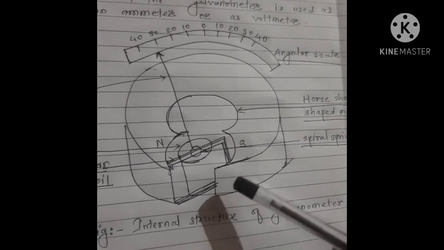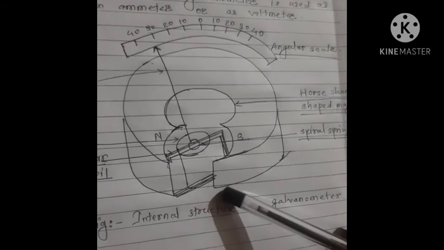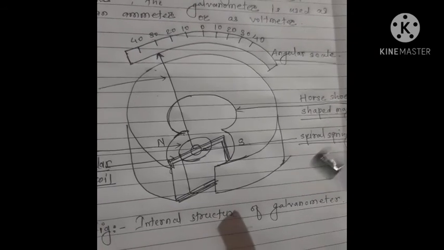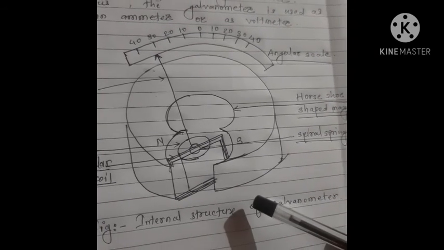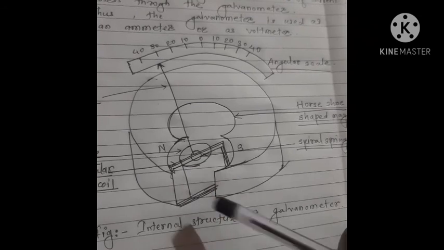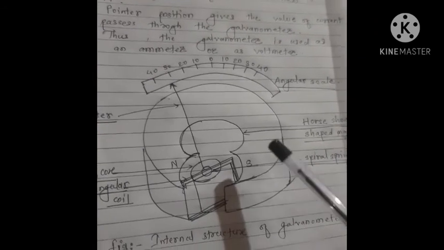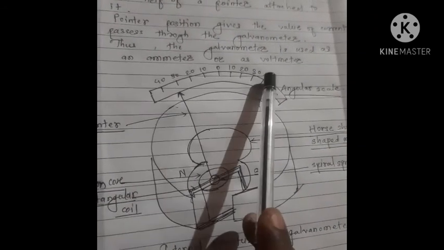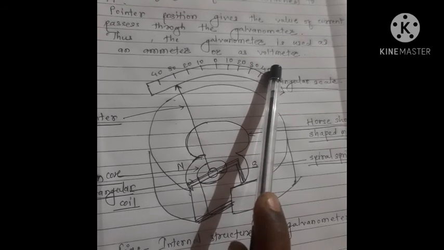Voltmeter means to measure the voltage in the circuit. Thus, this galvanometer is used as an ammeter and a voltmeter.